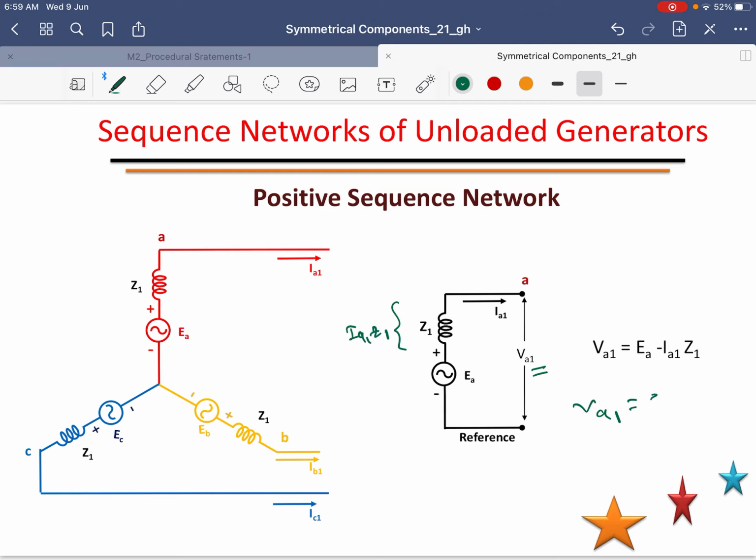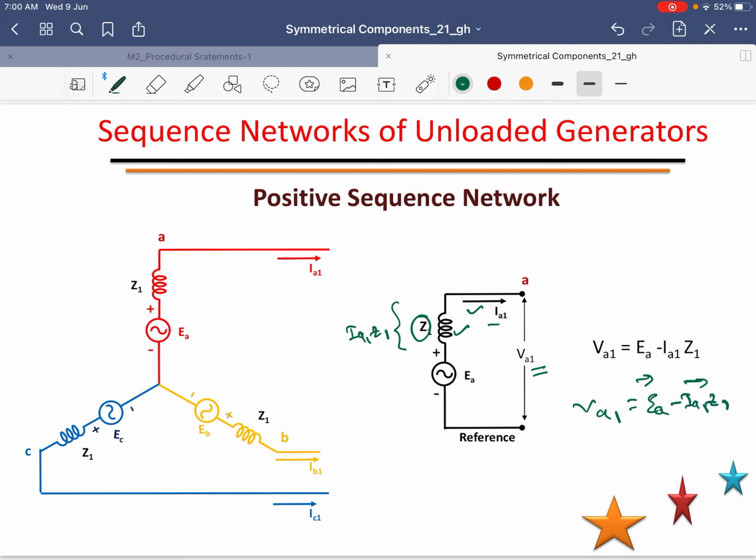Therefore VA1 can be written as EA minus IA1 Z1, it is the vector difference. That is, the impedance offered to the positive sequence current IA1 is the positive sequence impedance Z1.